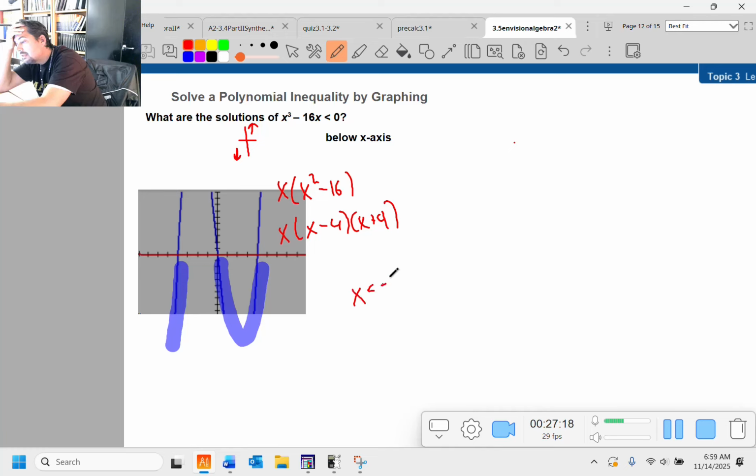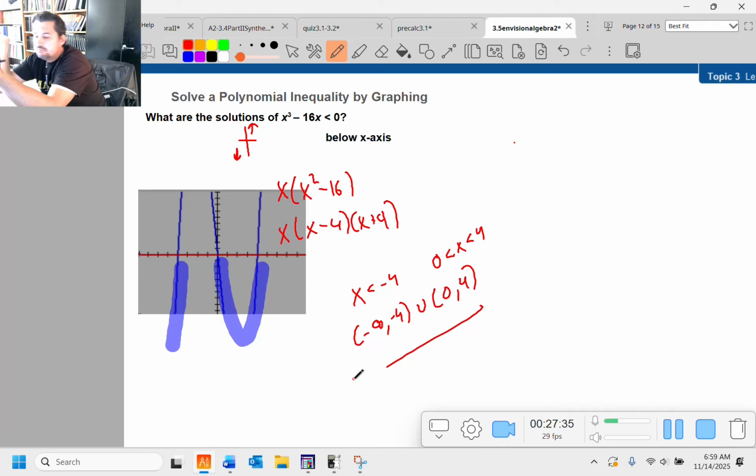So I know that x is less than negative 4, which I can also write as negative infinity comma negative 4. This path happens between the x values of 0 and 4: 0 less than x less than 4, or union with 0, 4. There you go, kids. Easy peasy, Japanesey.